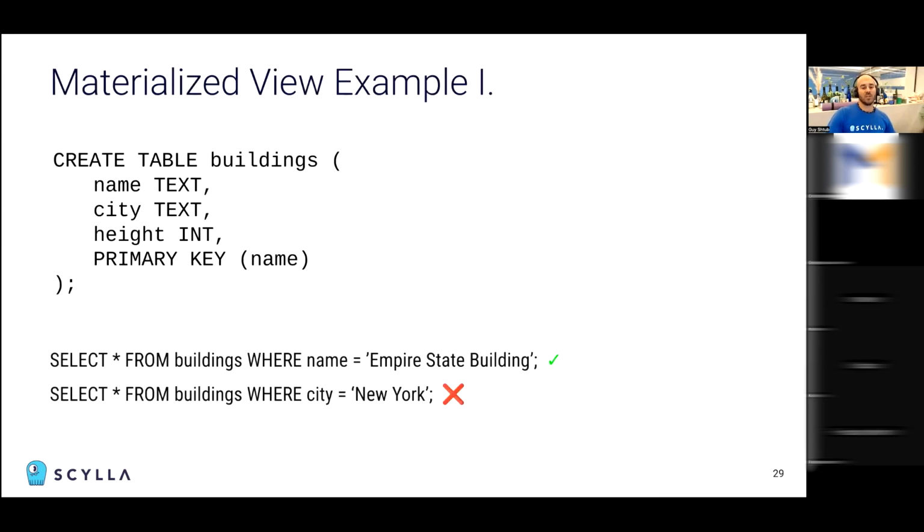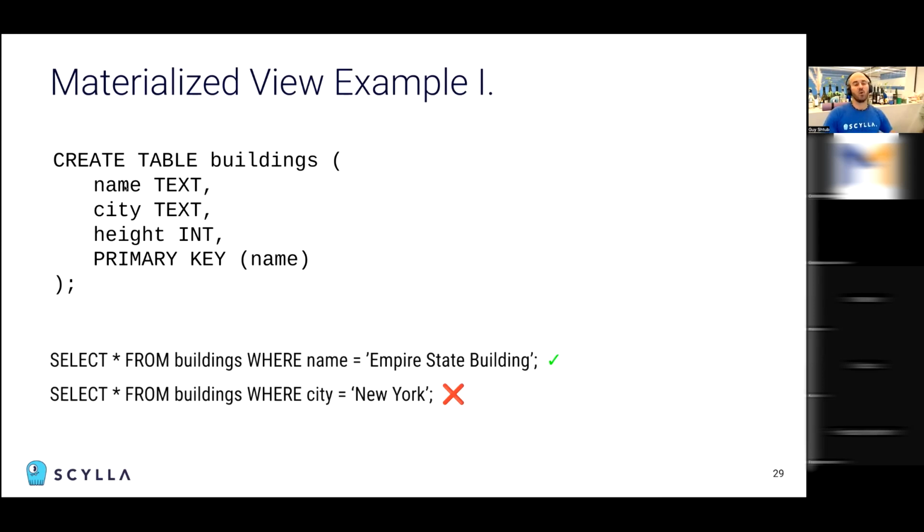Now, let's see what's the motivation for using this. Here we have an example of a table, a very simple one. The table is called buildings. It has 3 columns, name, city, and height. The primary key is defined as just 1 column called name, so that is the partition key.